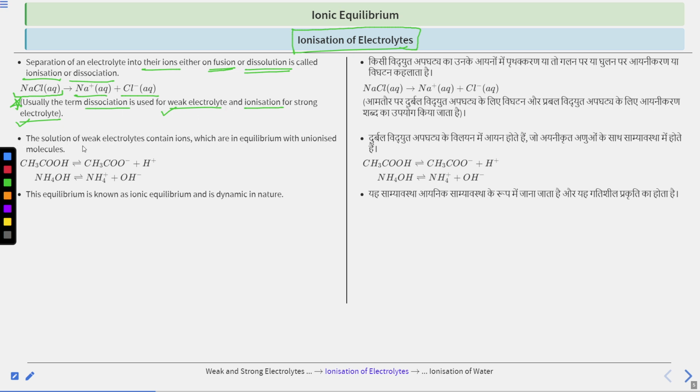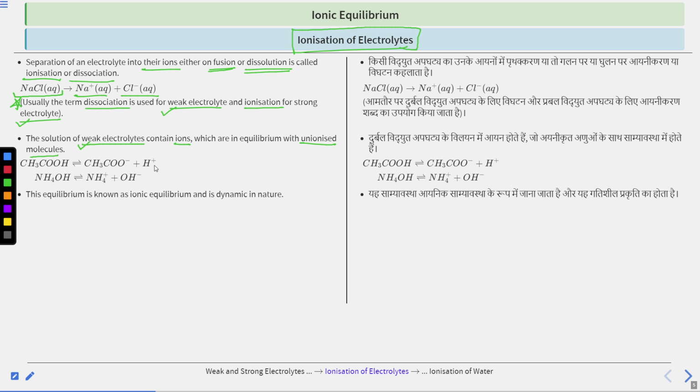The solution of weak electrolytes contains ions which are in equilibrium with unionized molecules. So in the solution in which a weak electrolyte is present, the equilibrium is between the ions and the unionized molecules.